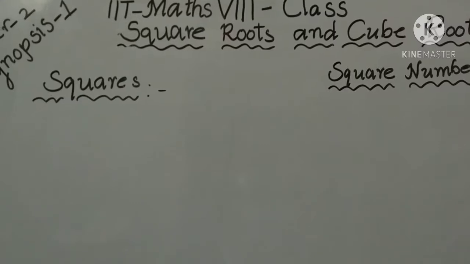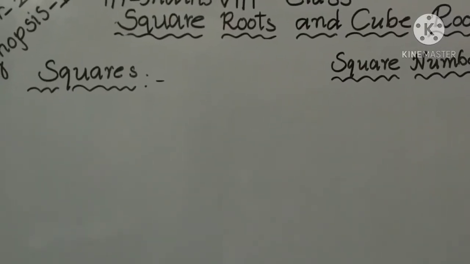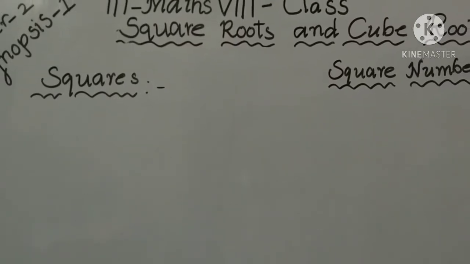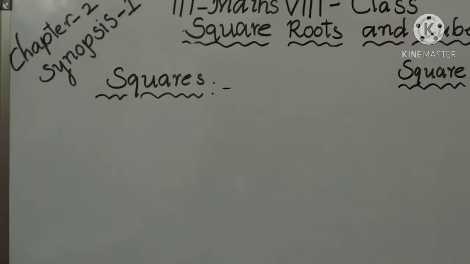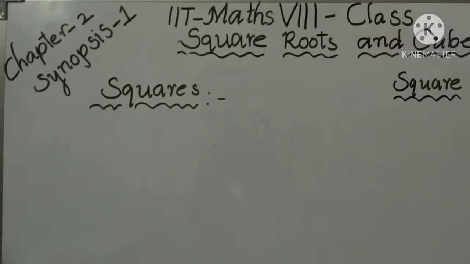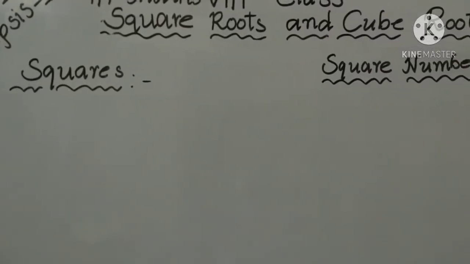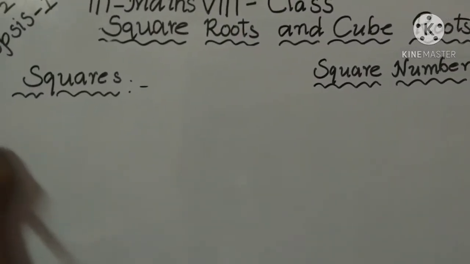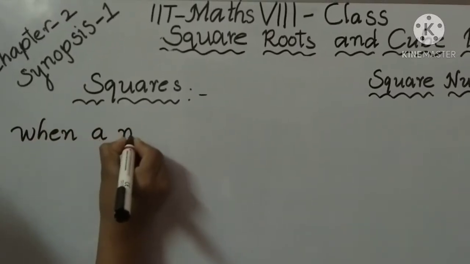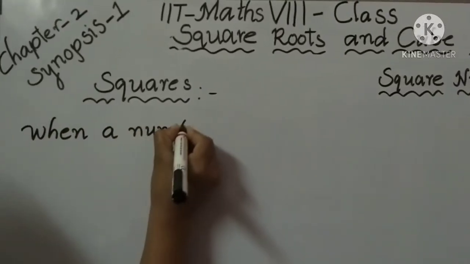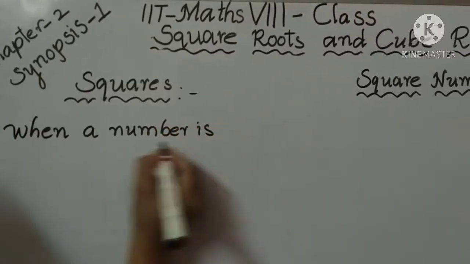What is a square? In the previous class we learned that a square means the product of the same number.